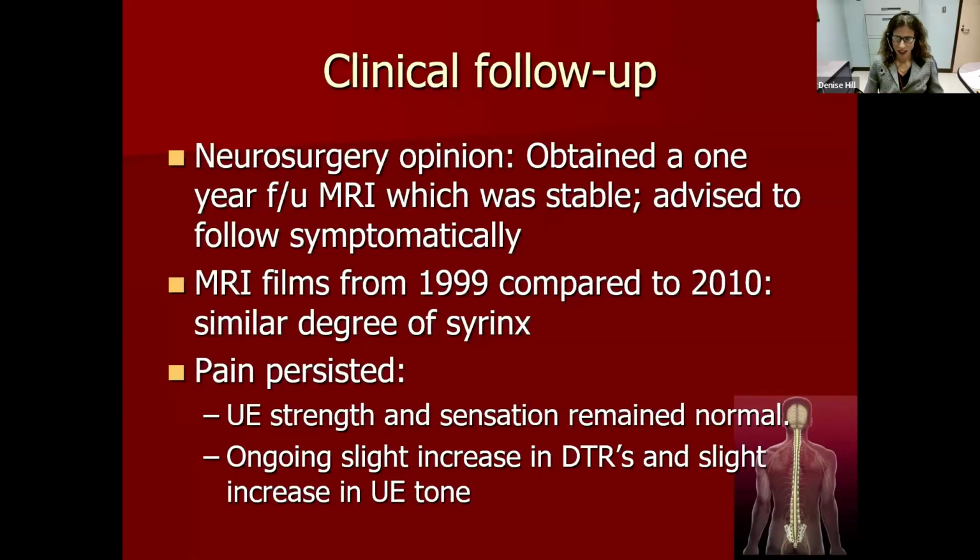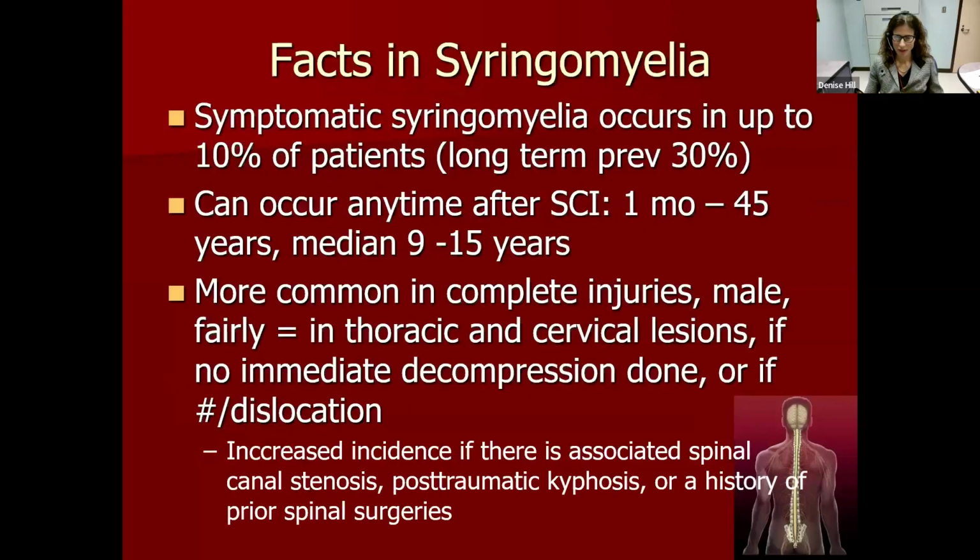So to try to get a handle on this, I'm going to give you some facts about syringomyelia. This is a presentation that doesn't always result in symptoms, and there usually is a small cavity right at the location of the spinal cord injury that doesn't always progress to become a larger cyst. Generally, we're talking about a cyst that takes up 2 or more vertebral segments.